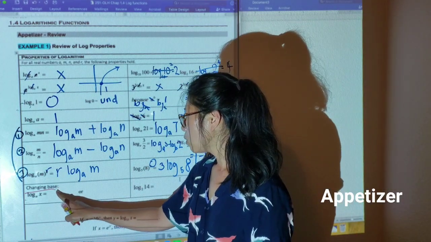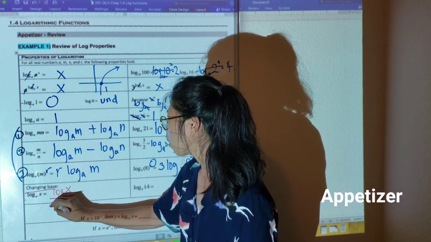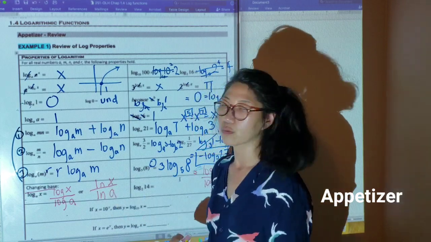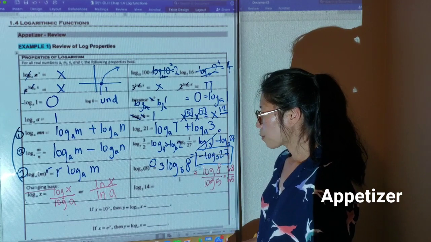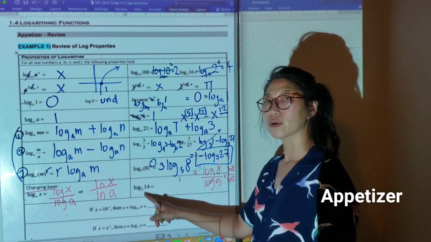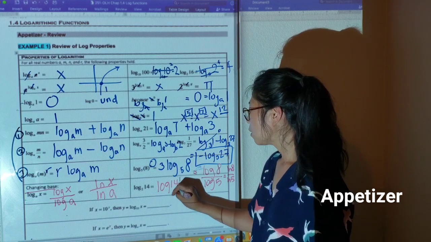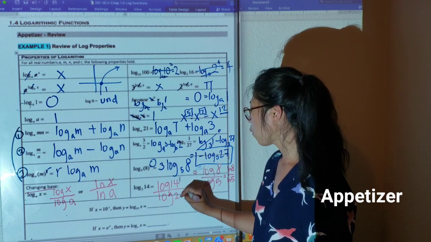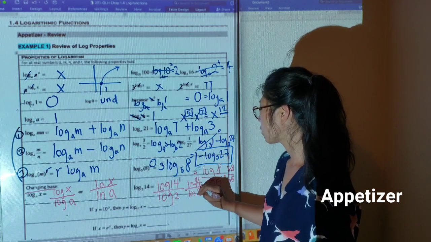So if you look here, the change of base formula is log base 10 of x over log base 10 of a, or you can write natural log of x over natural log of a, which you will use for the calculator. And if you have log base 2 of 14, as I mentioned, the calculator does not show base 2, so we have to type log base 10 of 14 over log 2, or you can type natural log of 14 over natural log of 2.